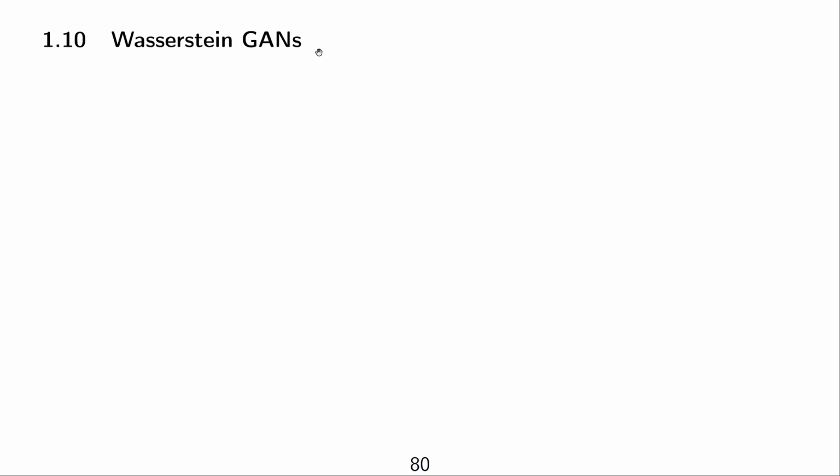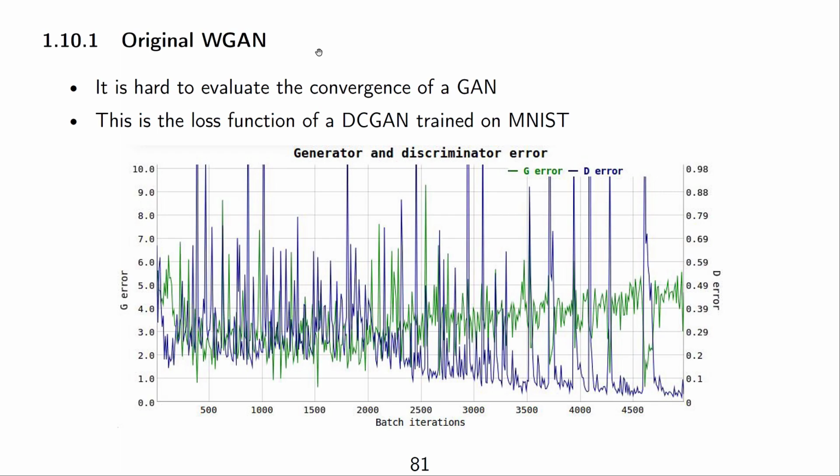Wasserstein GANs are another really important paper, and Wasserstein GANs introduce two things. They introduce a new loss function, and they also introduce the idea of regularization. That is a type of regularization that makes sure that the weights are not going to be too big.